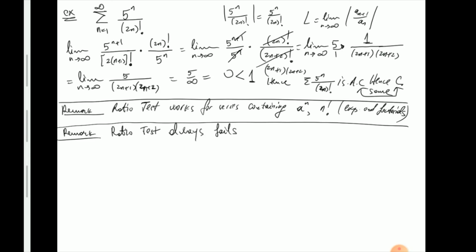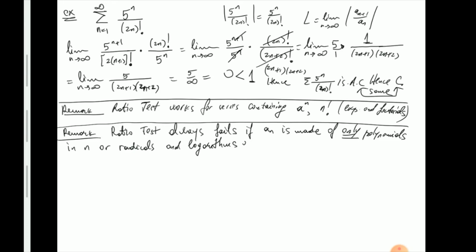So always fails if a_n, the sequence in the summation, is made of only, the keyword is only, polynomials in n, or radicals, and logarithms of polynomials. Because that lands you in the third case, which we didn't discuss yet, when the limit is 1 and in which the test is inconclusive.